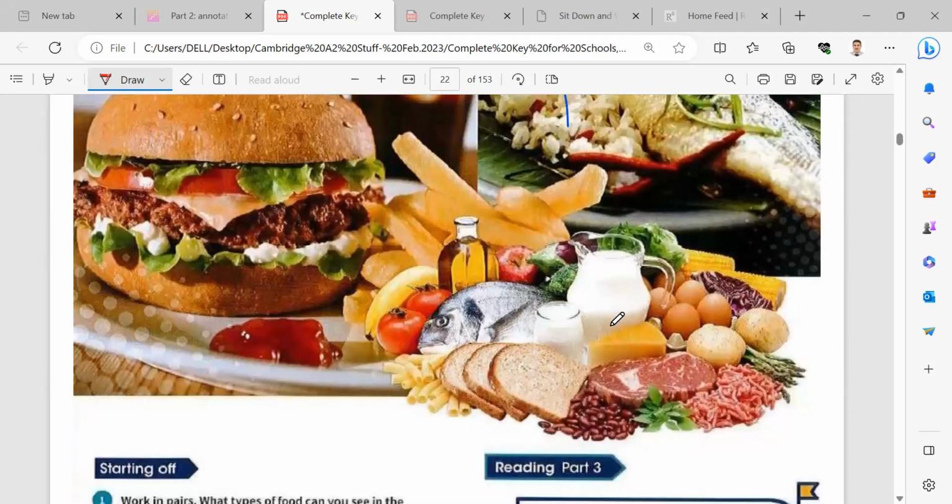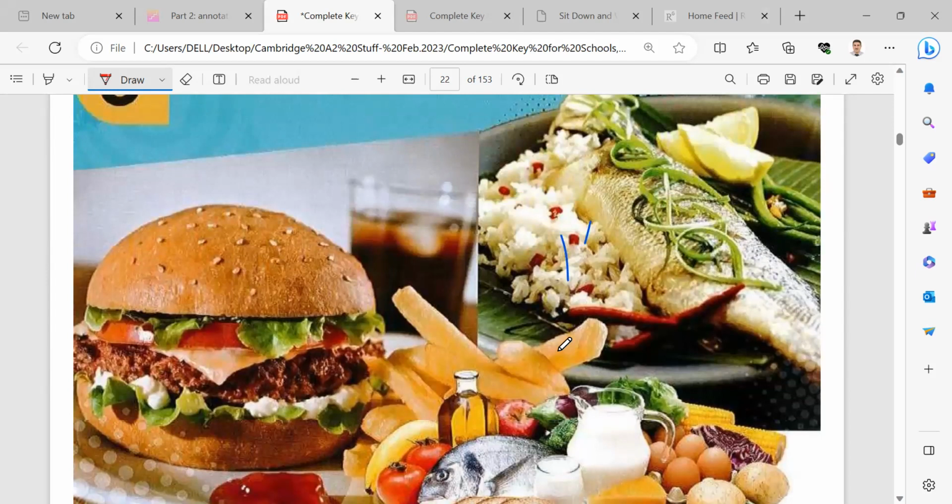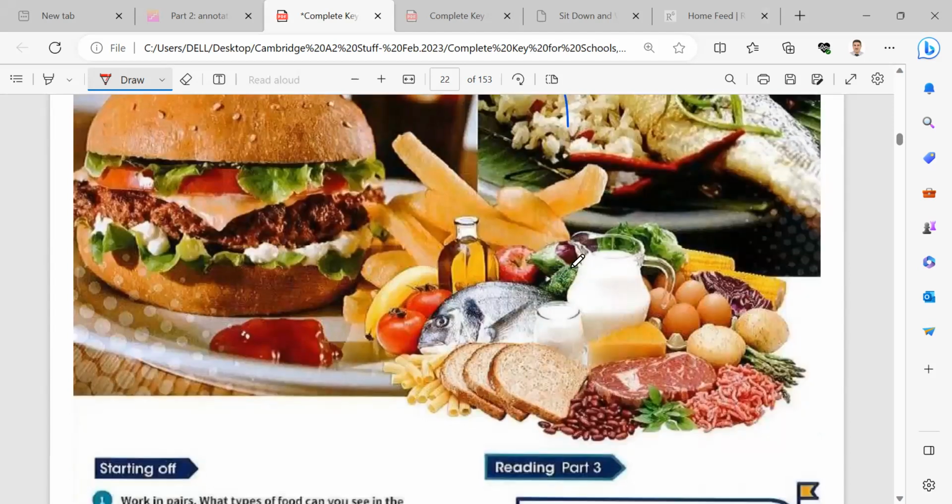What about the second group, meat and fish? Meat and fish. Also meat. Yes, meat. Different types of fish and meat. Yes, there's fish.